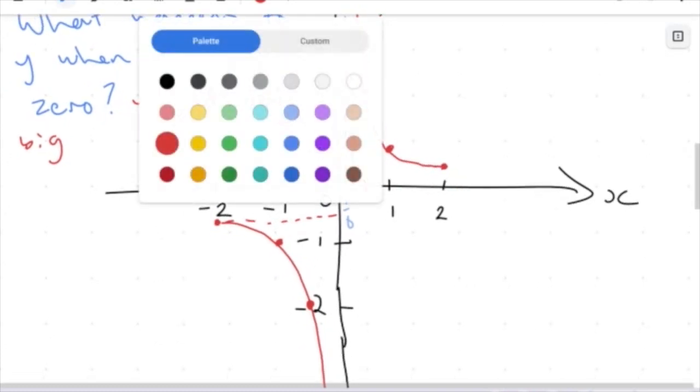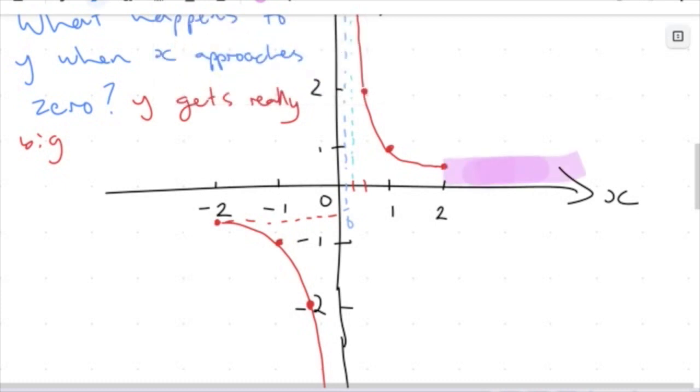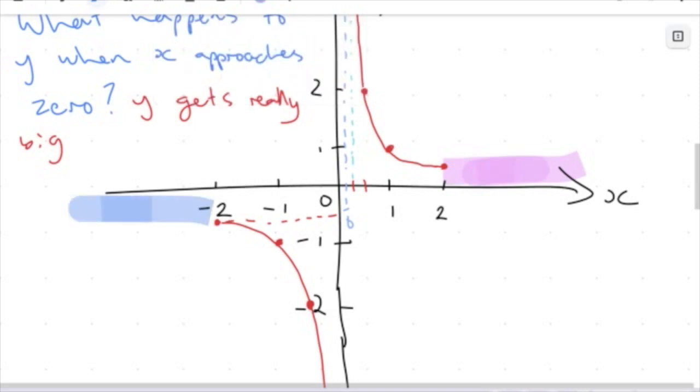Now we also want to see, well, what happens over here for these positive big values of x, as well as these negative values of x as we get bigger, as we stretch out in these opposite directions here.